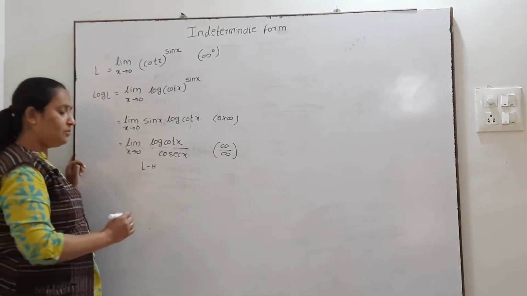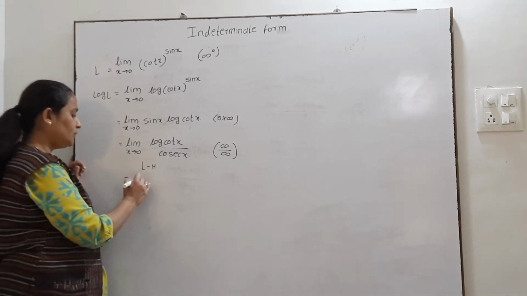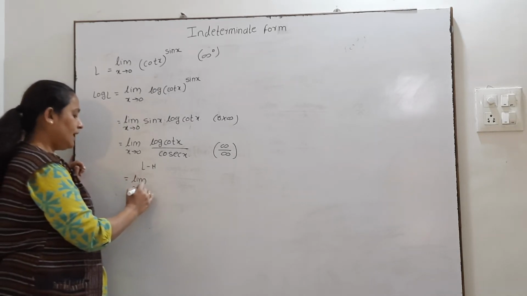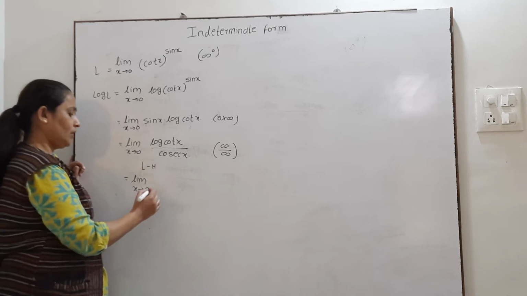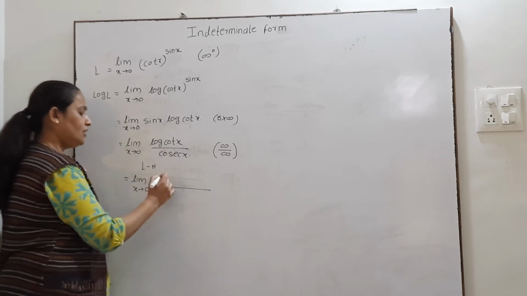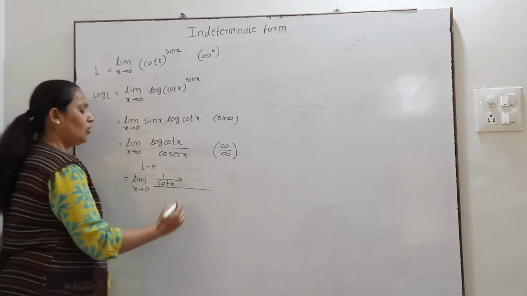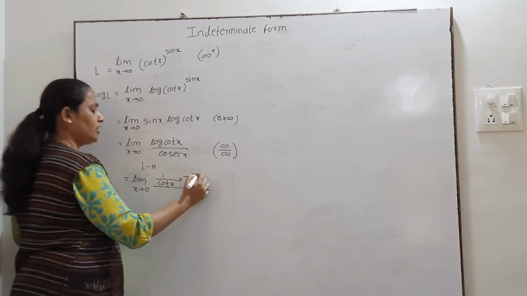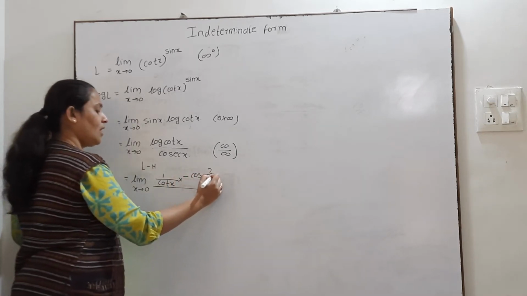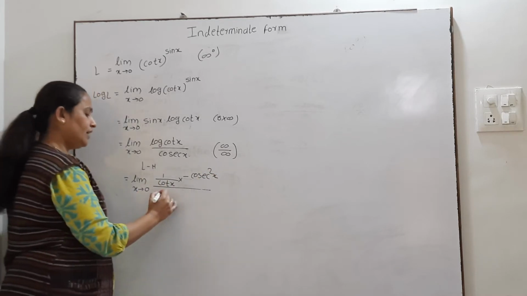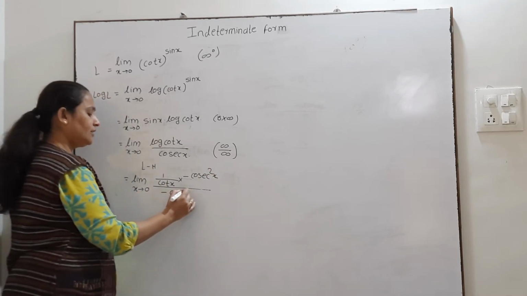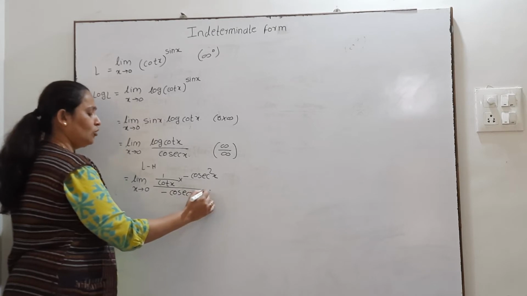Now if you apply limit as x tends to 0, this is in the form of infinity by infinity where L'Hospital's rule is applicable. If I apply L'Hospital's rule, you will get limit as x tends to 0 of derivative of log, which is 1 upon cot x, into derivative of cot x, that is minus cosec square x, upon derivative of cosec x, that is minus cosec x into cot x.